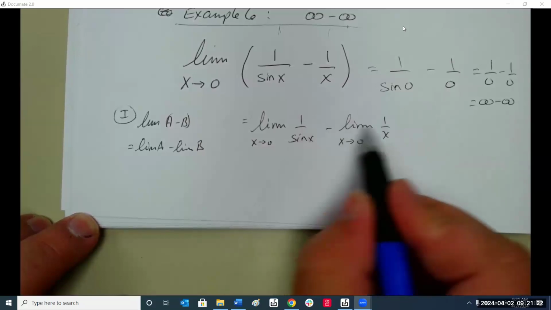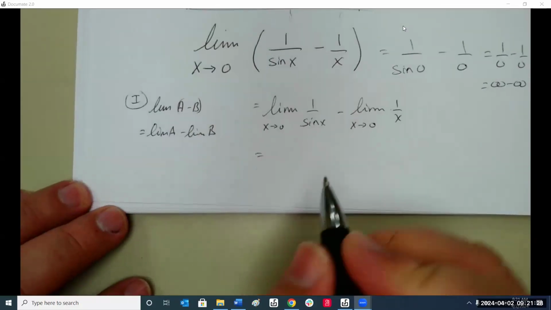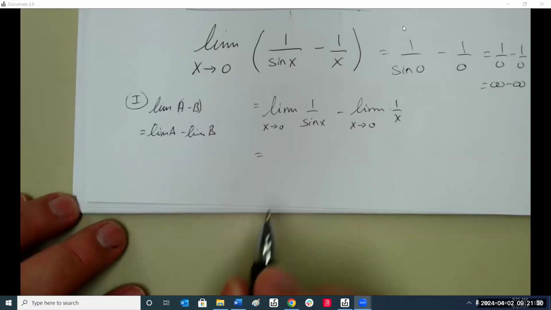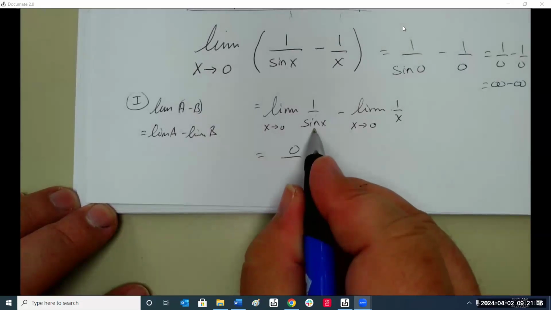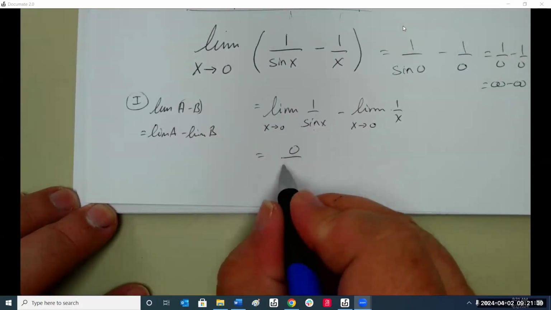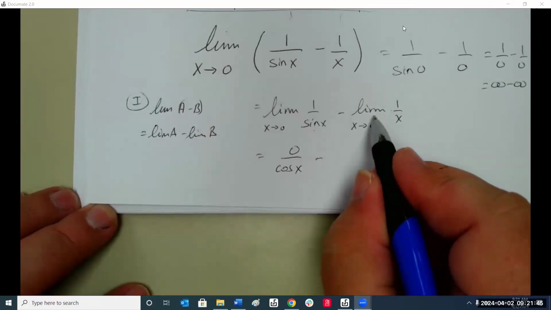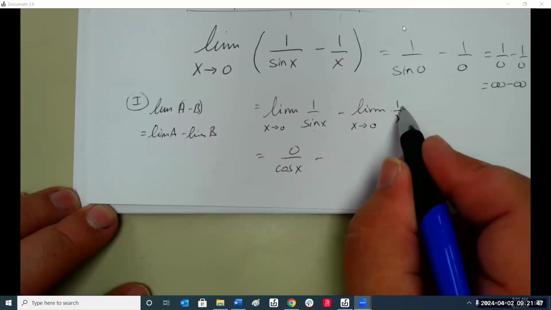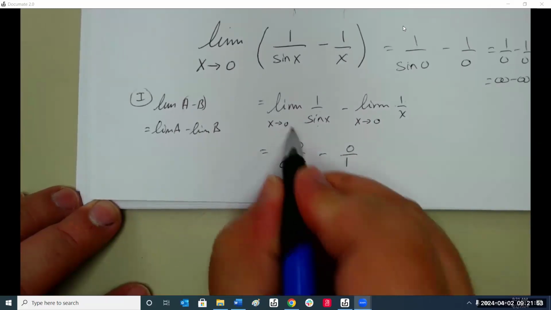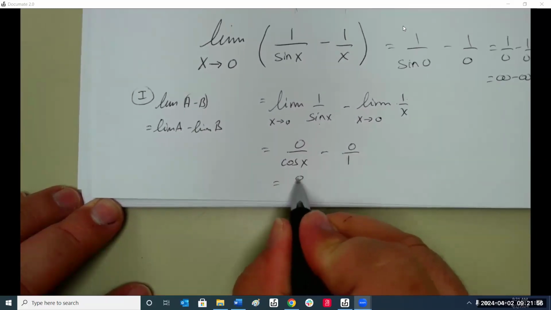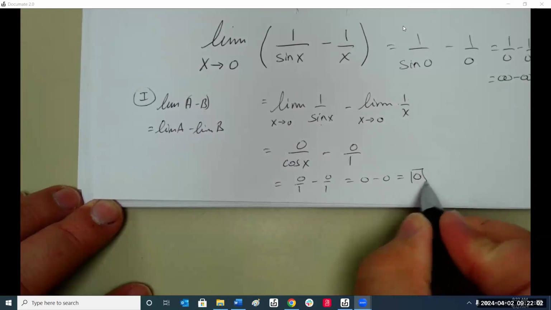So it's infinity minus infinity, which is this case. Because of that, we can use L'Hopital's rule. The derivative of 1 is 0. The derivative of sine x is cosine x. The derivative of 1 is 0. The derivative of x is 1. When x goes to 0, we get 0 over 1 minus 0 over 1, which is 0.